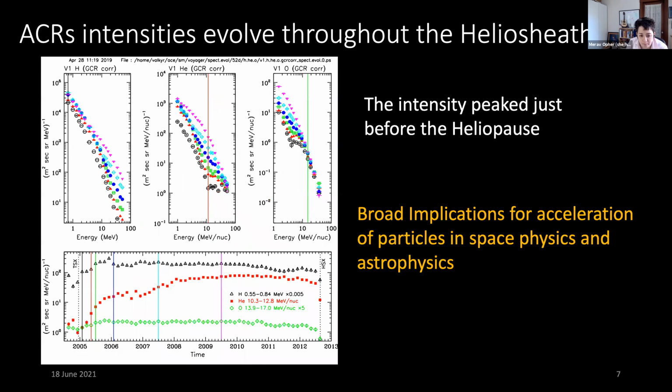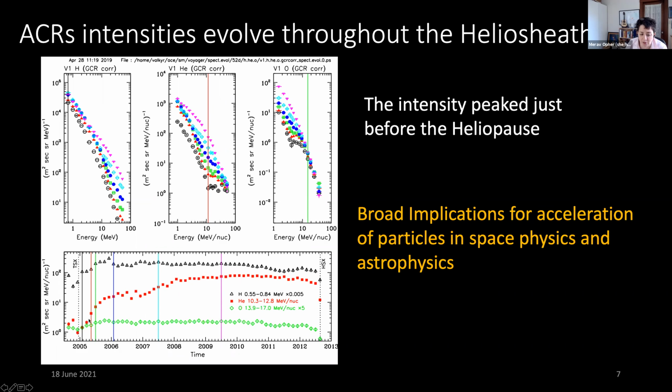Okay, the other piece of information: the particles that you expected to be accelerated, those are ions in energies of MeV, very energetic, keep increasing. So if you look at the intensity of these particles as the spacecraft went into the heliosheath, look at the red curve, their intensity increased.